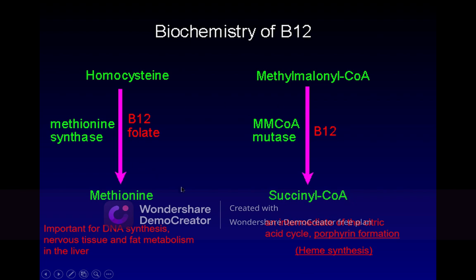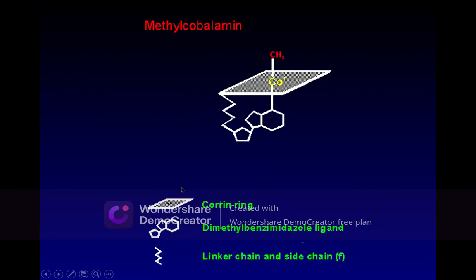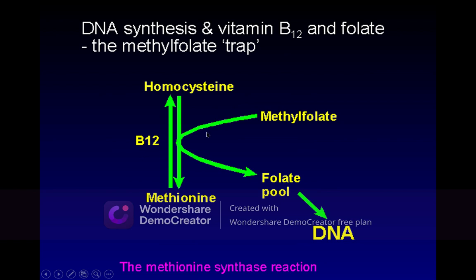Actually, the two cycles meet each other, as you see here. Homocysteine needs B12, and the folic acid goes here as methylfolate. The intermediate products are in the folate pool, such as folinic acid, and they are needed in this pool.